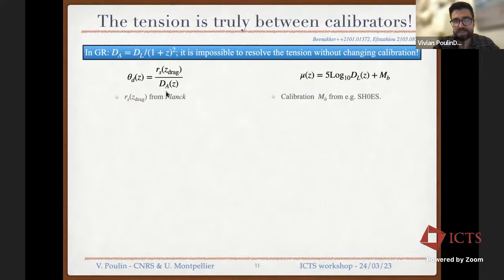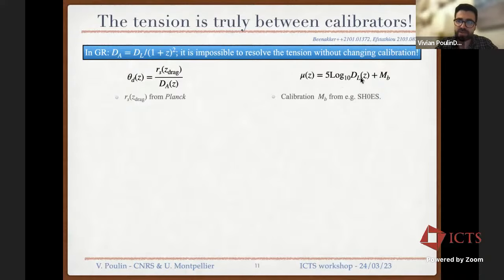So what happens is that when you use the BAO, you calibrate the BAO based on knowledge of the sound horizon from Planck that allows you to extract the angular diameter distance. At the same time, you can use the magnitude of supernovae calibrated thanks to SH0ES in order to know the luminosity distance to supernovae.